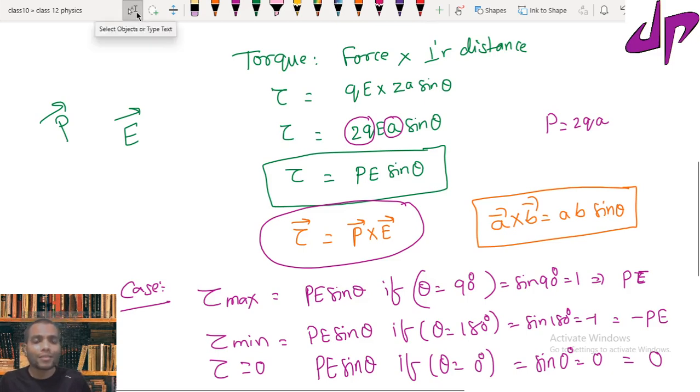The torque causes the dipole to rotate in an electric field. So that's why the water stream is trying to lean towards the balloon. So this is the concept of the torque acting on a dipole in an electric field.